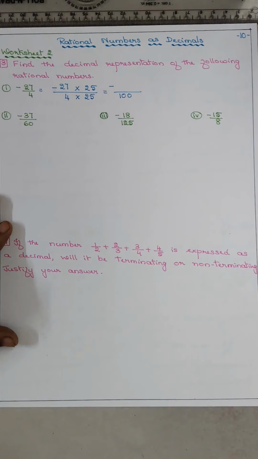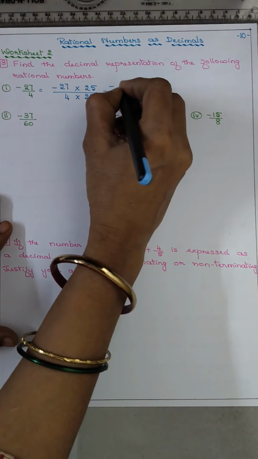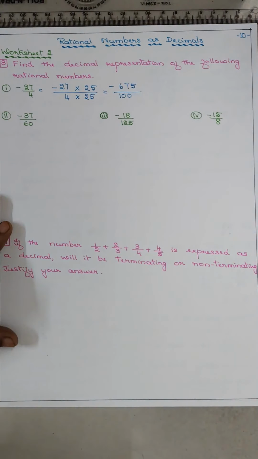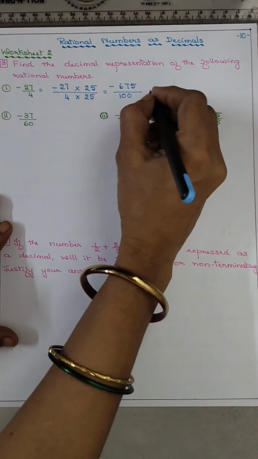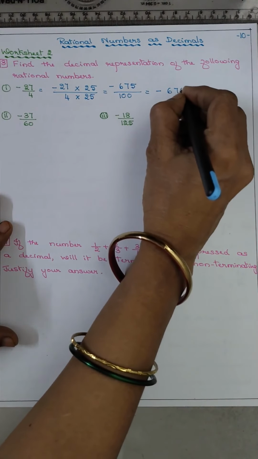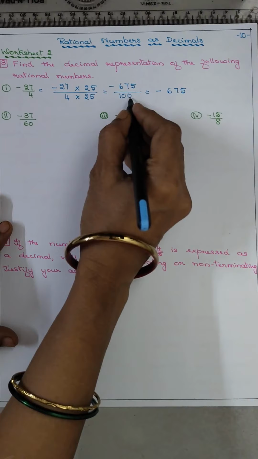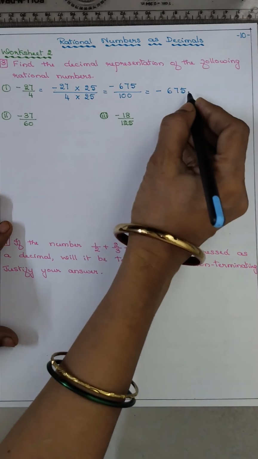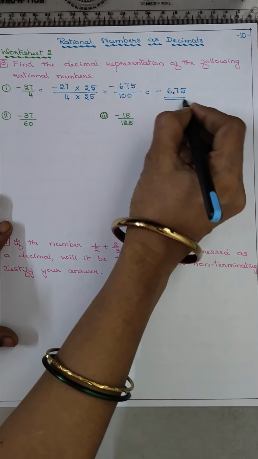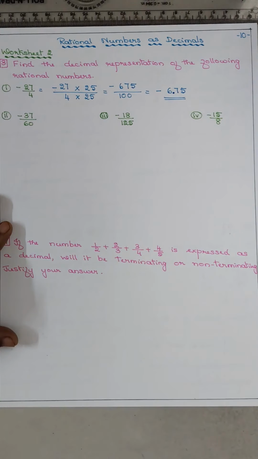Now 25 into 27, if you multiply you will get 675. Now minus 675, 2 zeros, so the decimal place will be 2 decimal places, isn't it? So the answer is minus 6.75.